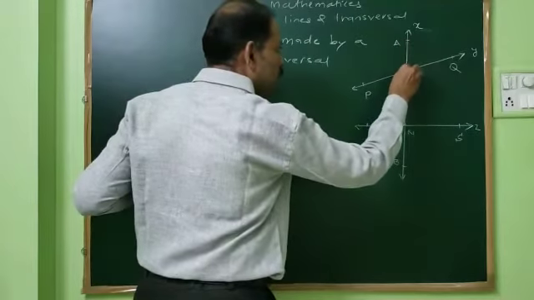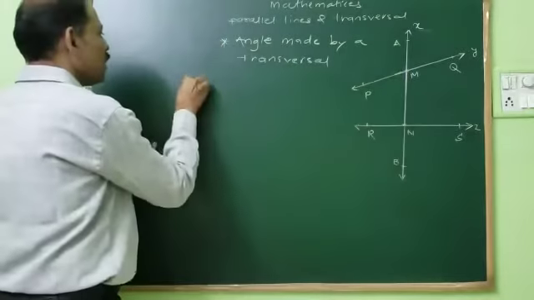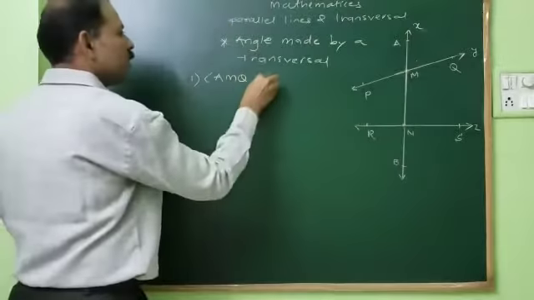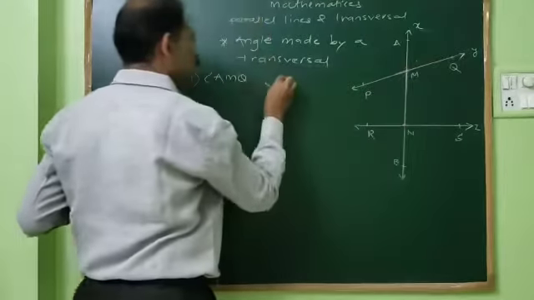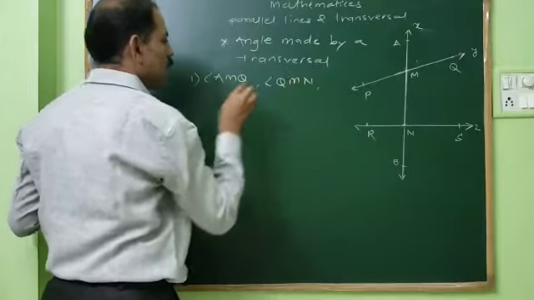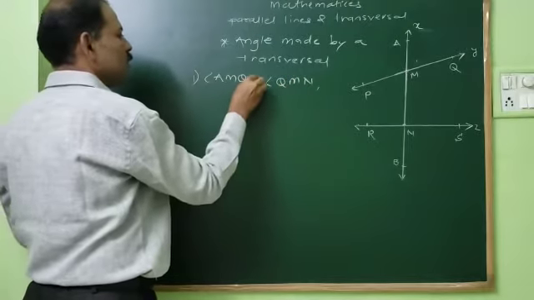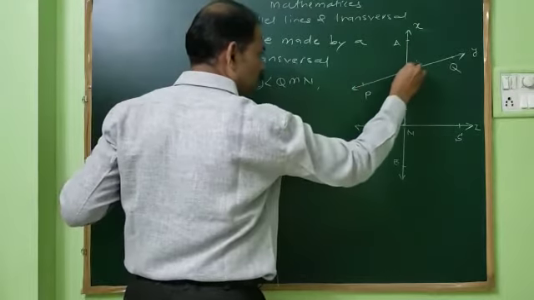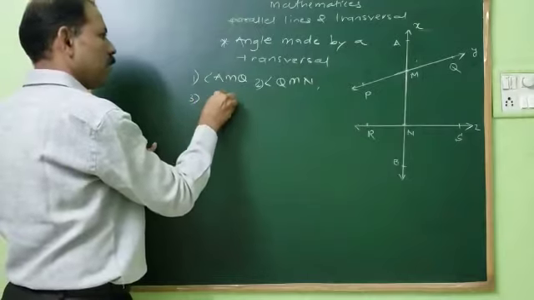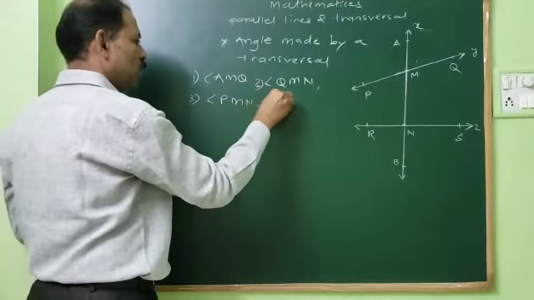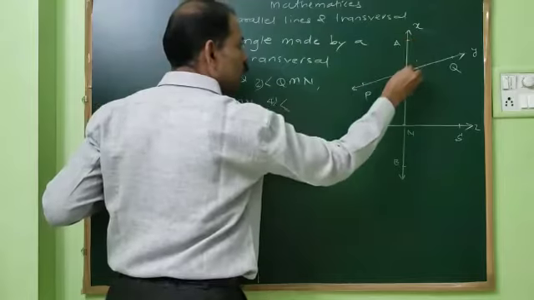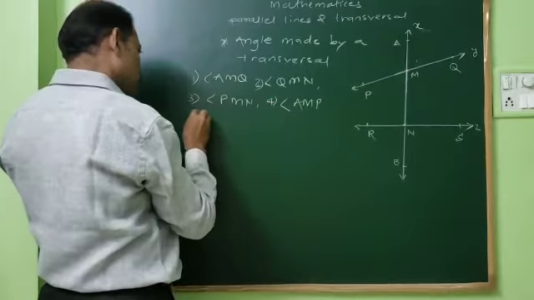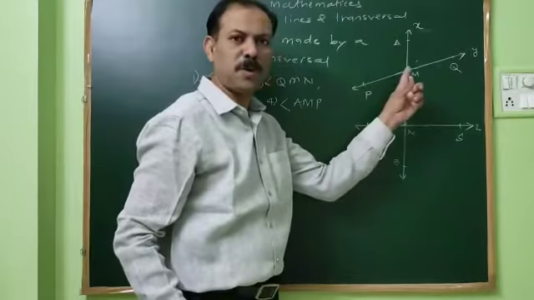At the intersection point M, the four angles are: first, AMQ; the second is QMN; the third is PMN; and the fourth is AMP. So these are the four angles formed at intersection point M.